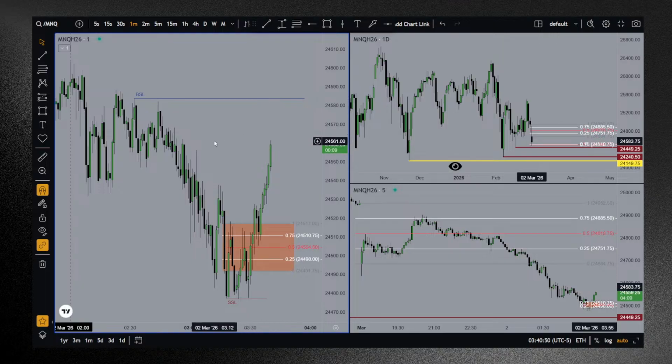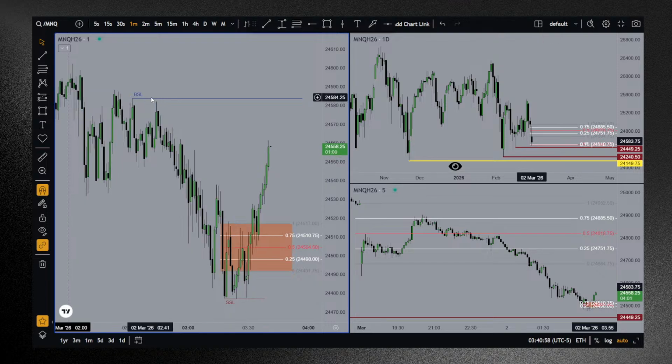So yeah, anyone who is short from here or higher but having a stop loss above this might get a little bit uncomfortable at this moment, seeing this rally up. And also because this high is lower than this high, this is a very good candidate for running the liquidity, even if it's higher time frame bearish, right?